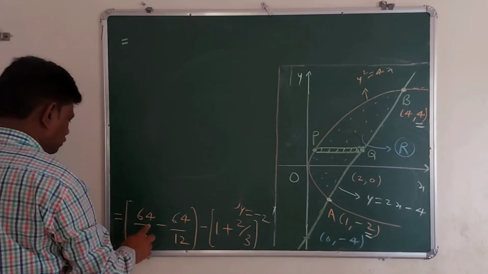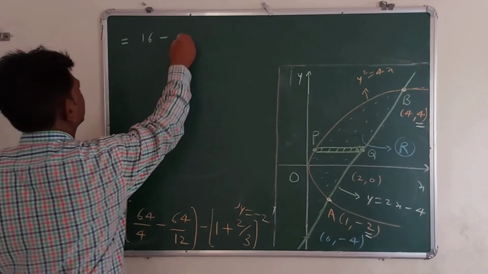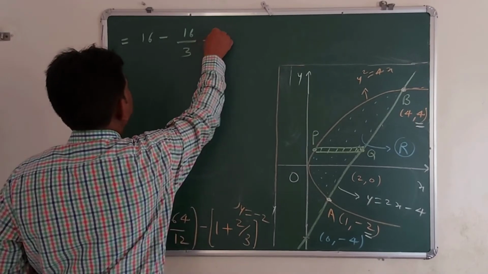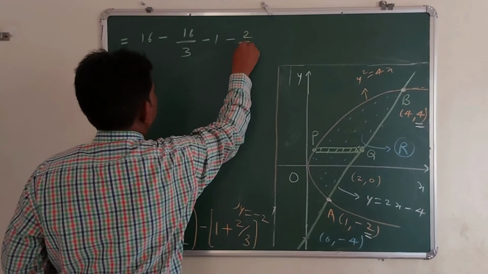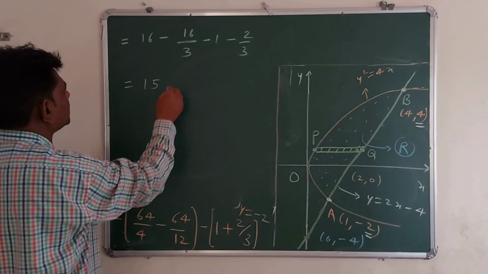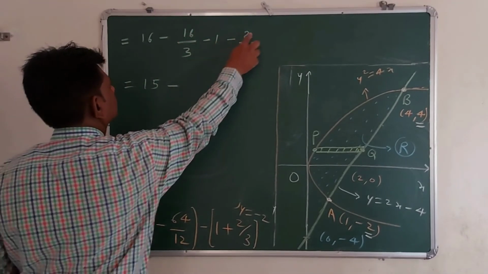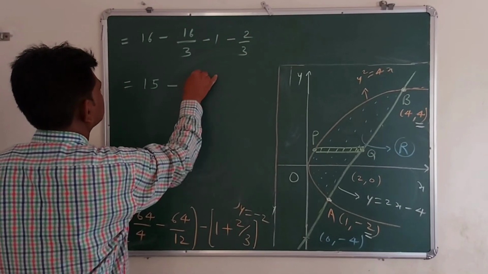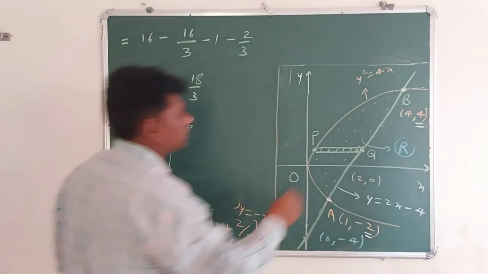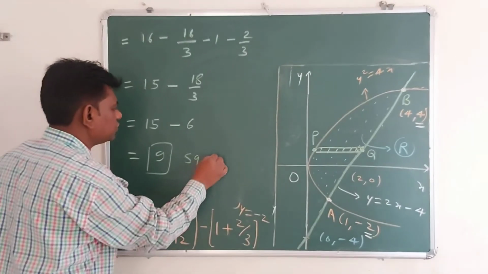So this is equal to 64 by 4, that is 16, minus 64 by 12, that is 16 by 3, minus 1, and minus 2 by 3. 16 minus 1 is 15, and 16 by 3 plus 2 by 3 is 18 by 3, that is 6. Now 15 minus 6 is 9. So the area of this region R is equal to 9 square units.